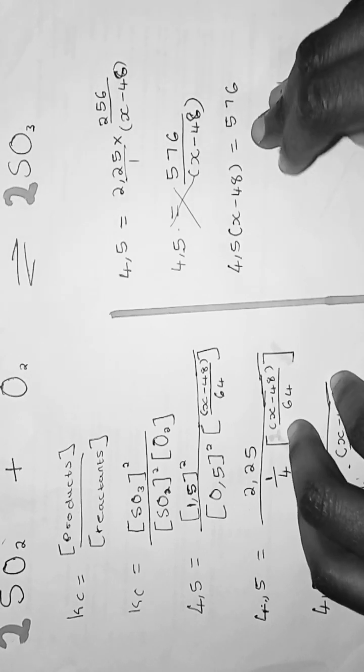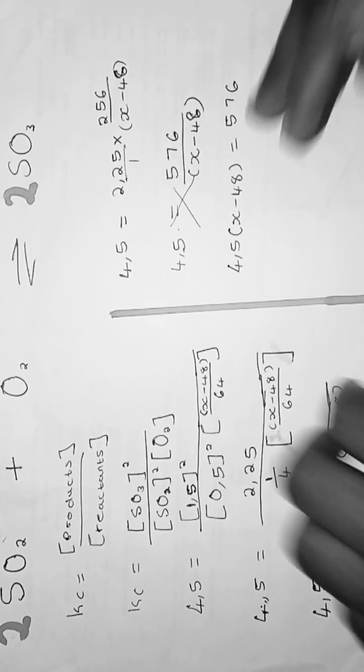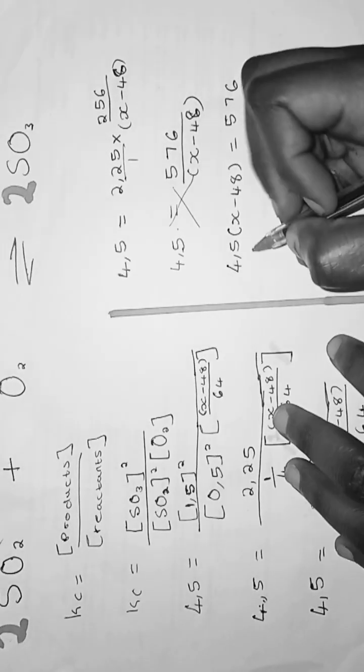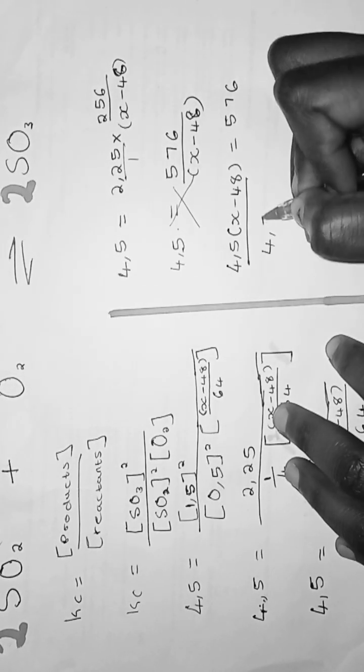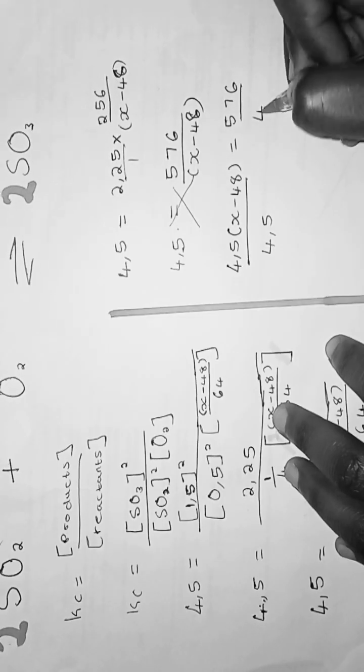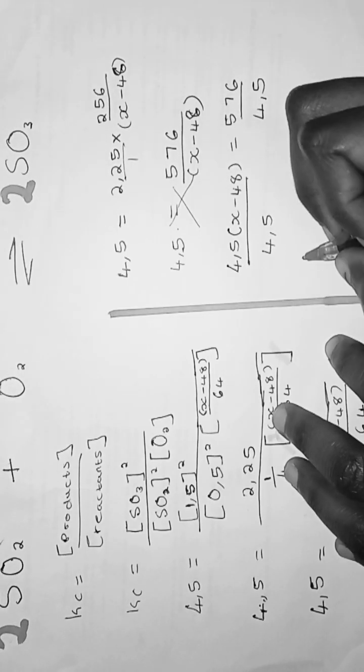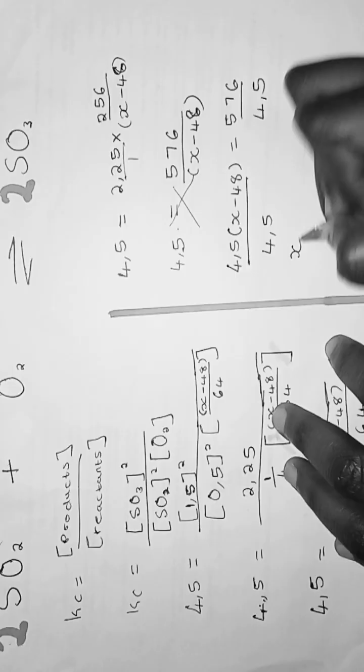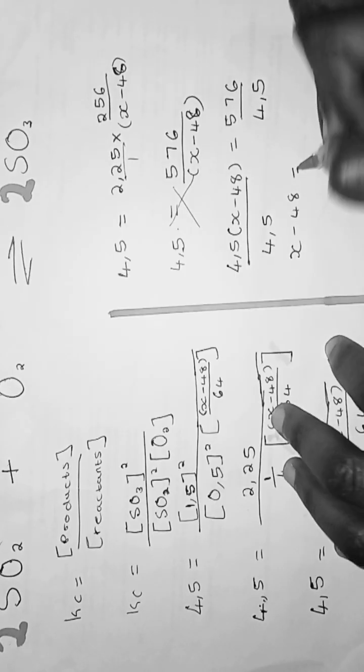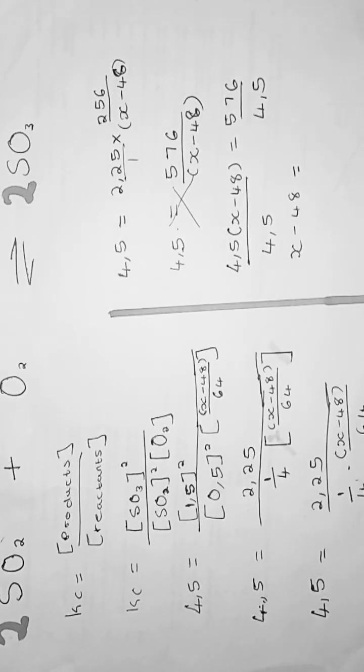And I divide both sides by 4 comma 5. And then I get x minus 48 equals to 576 divided by 4 comma 5, which is 128.